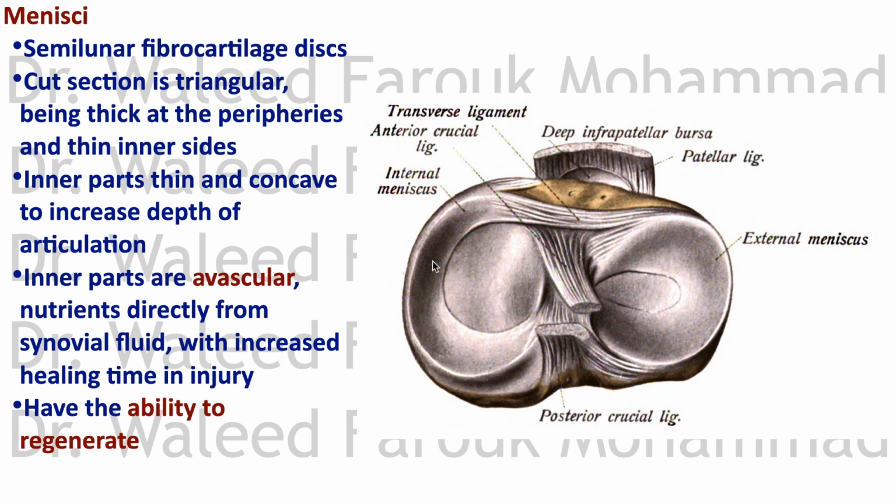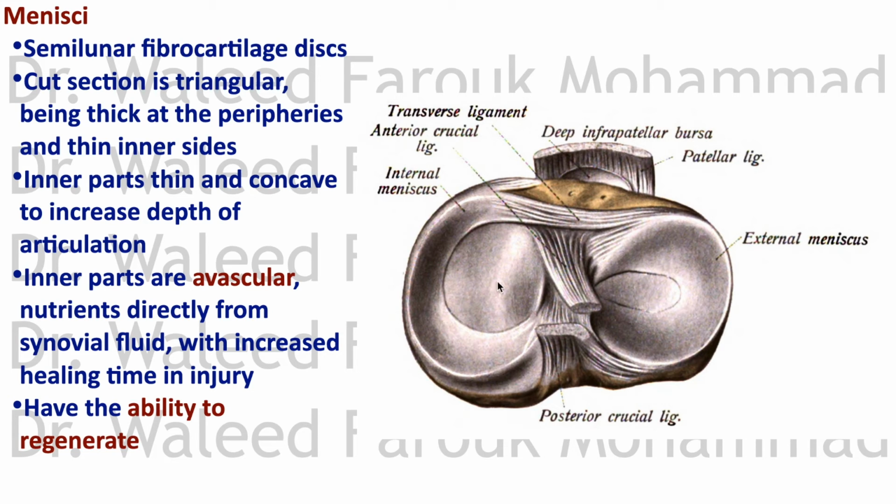This thin surface is avascular. Only the outer margin of the cartilage is vascular. The rest takes its nutrition from the synovial fluid directly, so if tears involve the inner sides of the menisci, it takes longer to heal because it's an avascular area.